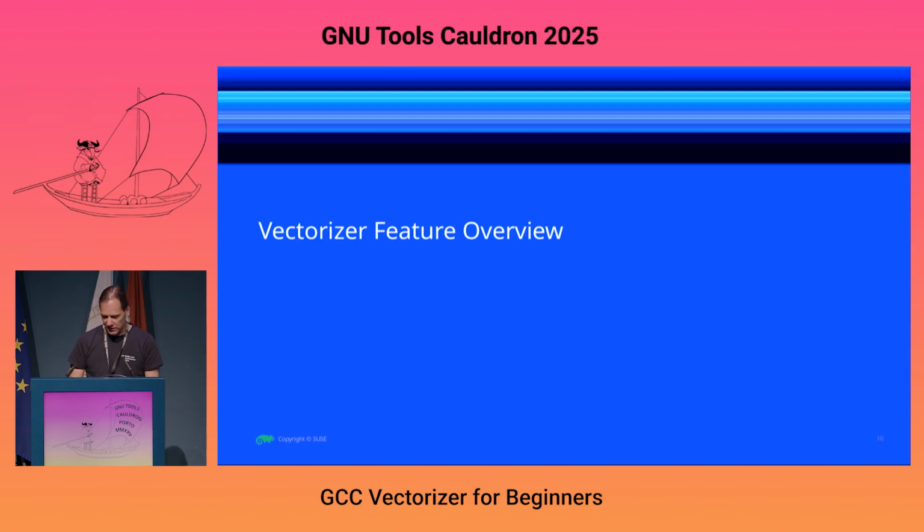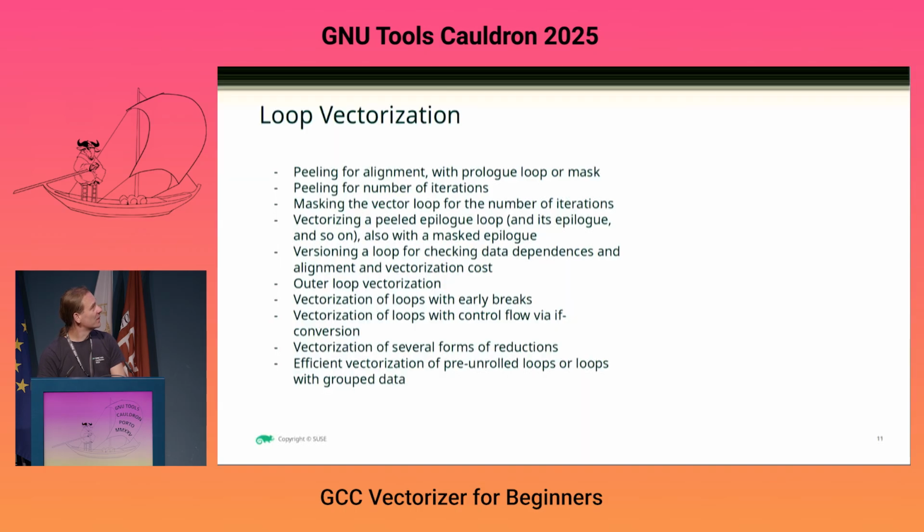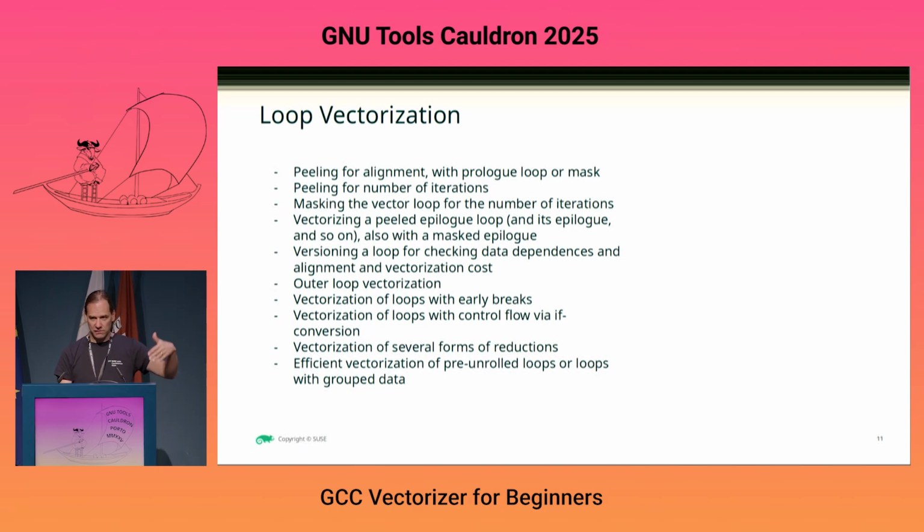So that was the quick, not so quick introduction. I have to speed up. Let's give a quick overview of what loop vectorization in general does, and in particular for GCC. GCC can prepare the vector loop body by peeling a few first iterations to have the vector accesses in the main vector loop aligned.